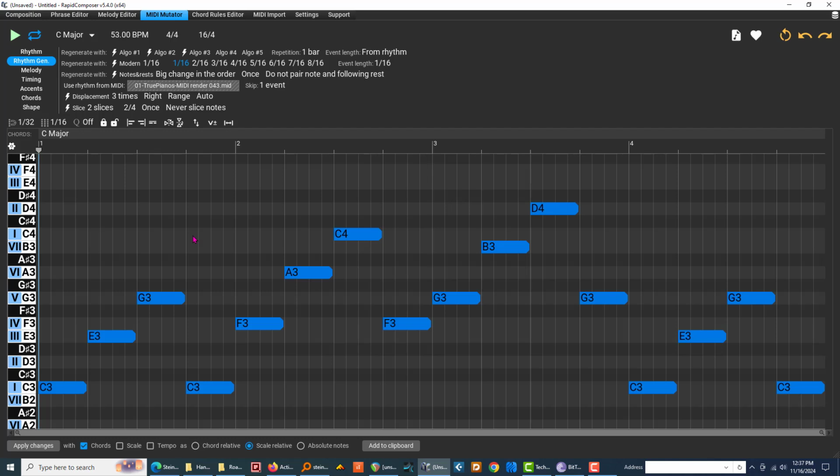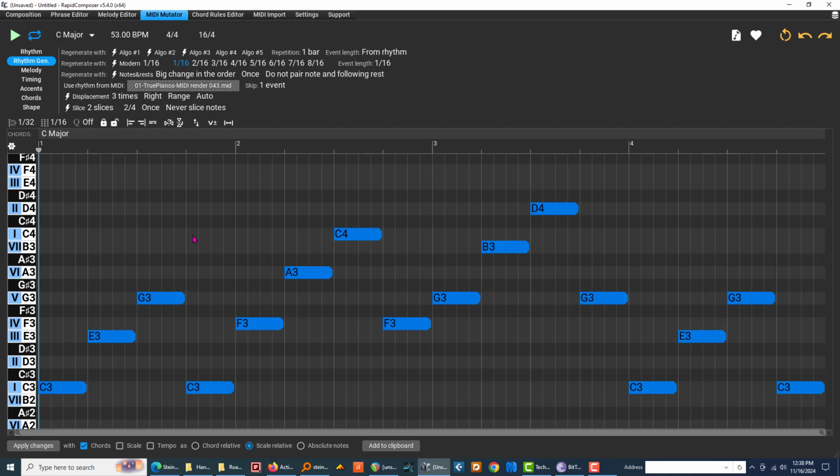Now, if we sliced it into 4 equal parts, we'd have measure 1, measure 2, measure 3, measure 4. And we can arrange these measures in different orders. So in other words, we could have measure 1 followed by measure 4, followed by measure 3, followed by measure 2, or we could have measure 4 followed by measure 2, followed by measure 3, followed by measure 1.